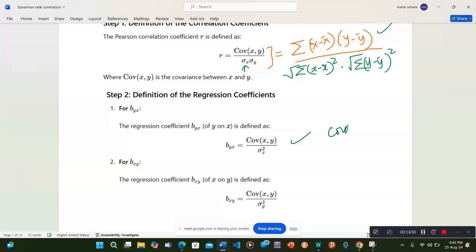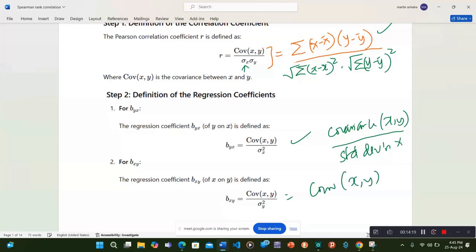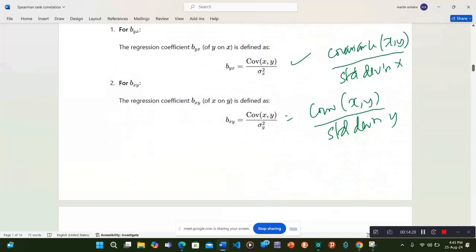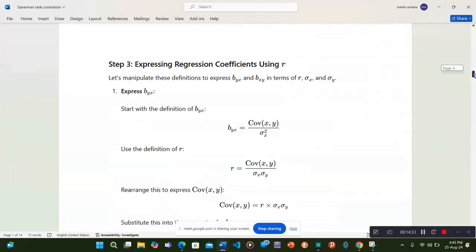So that is the covariance between x and y divided by the standard deviation of x. This one is also equal to the covariance between x and y divided by the standard deviation of y. Okay? What about that square?